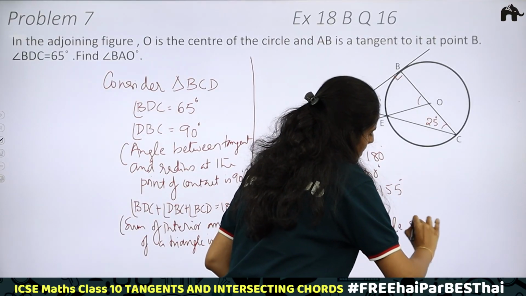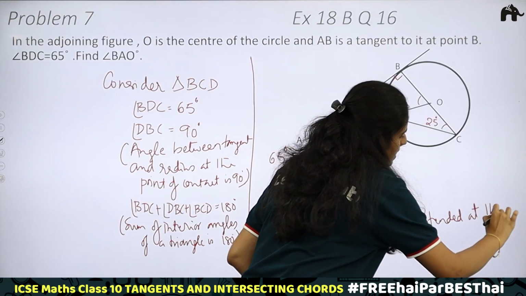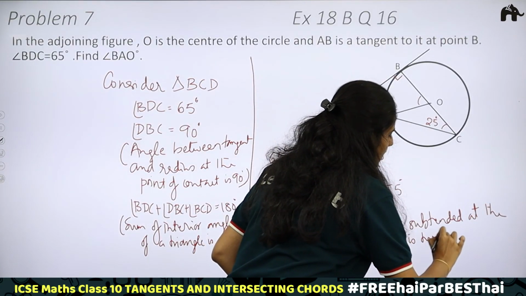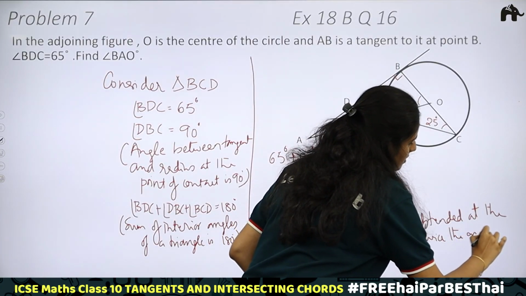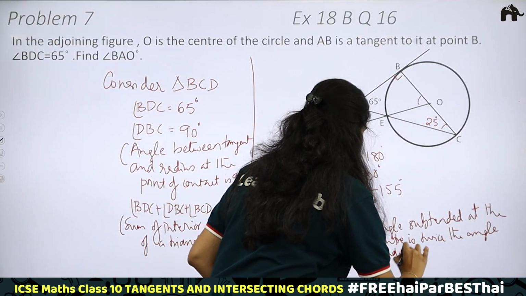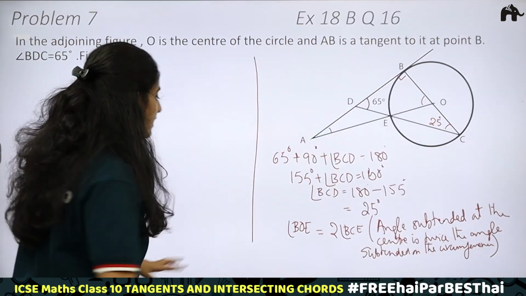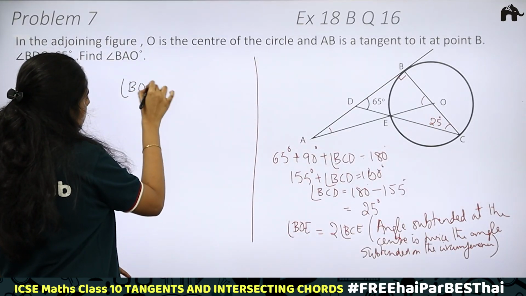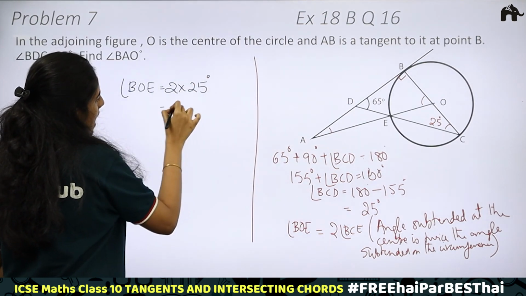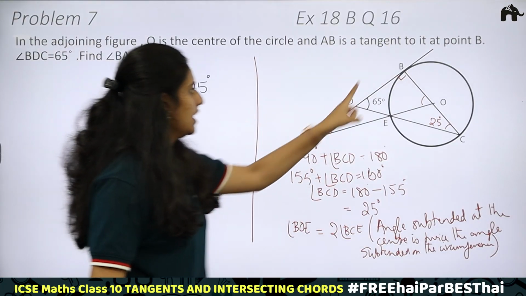Angle subtended at the center is twice the angle subtended on the circumference of the circle. Then angle BOE will be equal to 2 times 25 degrees and that is 50 degrees. We got BOE is equal to 50 degrees.